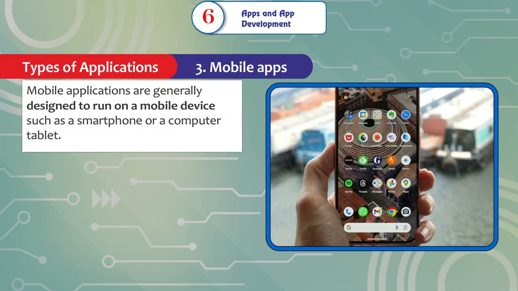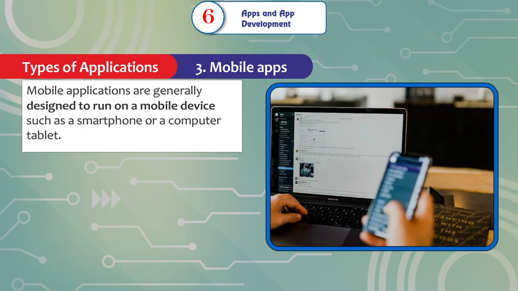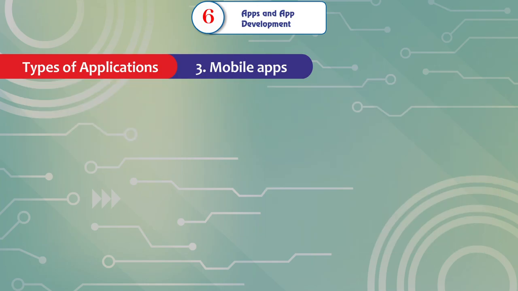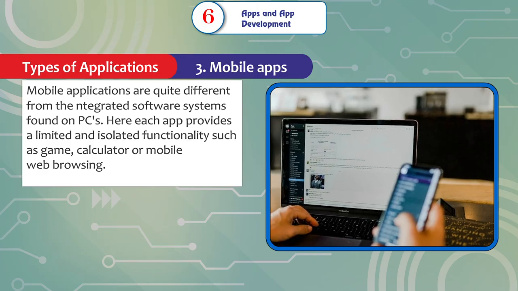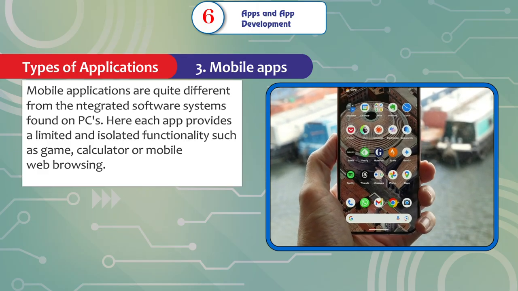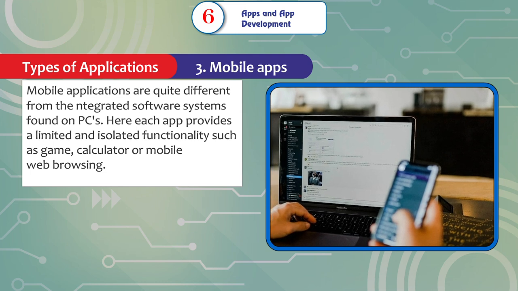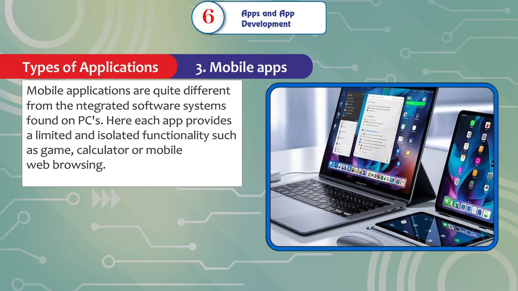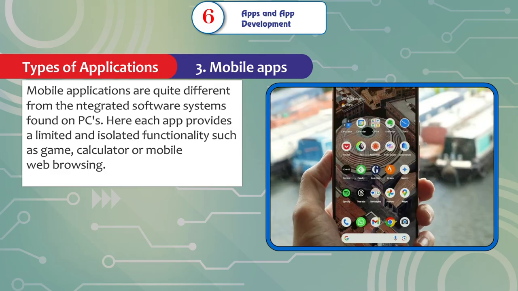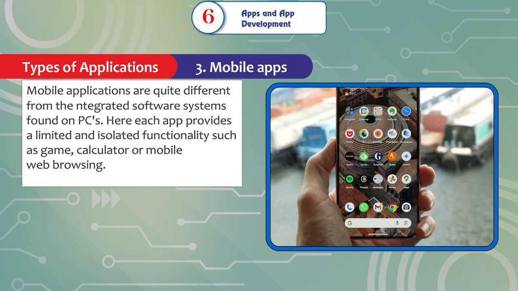3. Mobile apps. Mobile applications are generally designed to run on a mobile device such as a smartphone or a computer tablet. Mobile applications are quite different from the integrated software systems found on PCs. Here each app provides a limited and isolated functionality such as game, calculator, or mobile web browsing.